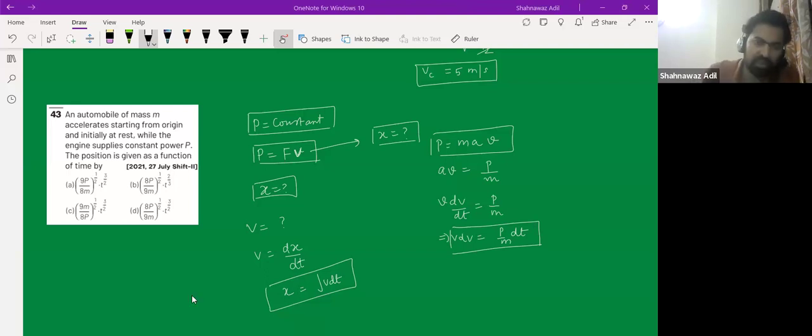Yes, no one got the answer. What are you guys solving? So first we have to solve this thing, right? If we integrate on both sides, p is constant.